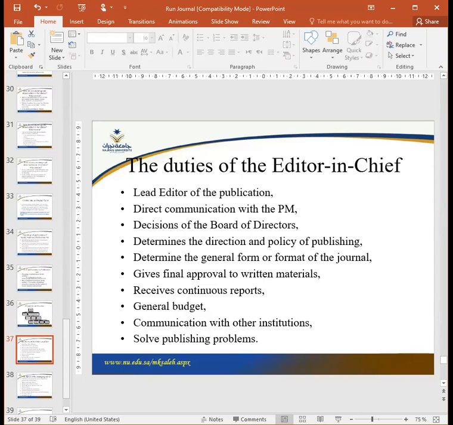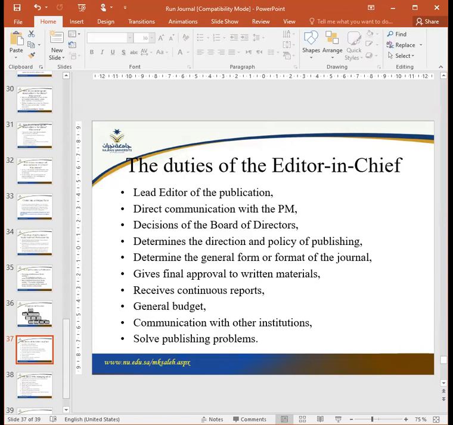He must bear full responsibility for carrying out the decisions of the board of directors, in addition to the publishing procedures, determine the direction and policy of publishing, determine the general form and format of the journal, give final approval to written material, receive continuous reports from various departments in publishing and, through studying the reports, identify and accomplish things and meet needs.